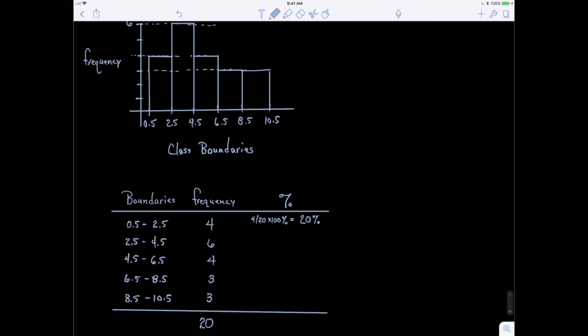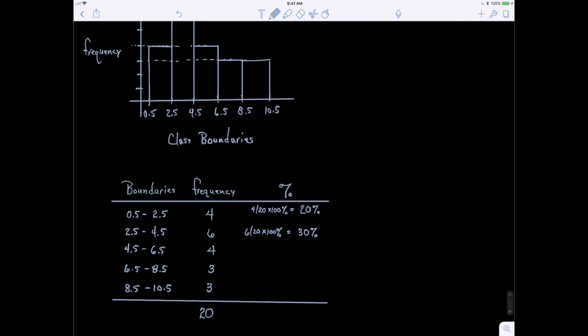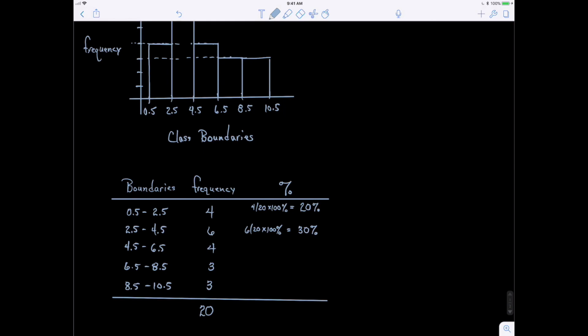For a frequency of 6, you'll take 6, divide it by 20, and multiply by 100%. So we can say those 6 dots found in our second bin, or second bar of the histogram, account for 30% of our dots. And we already did 4, we know that's 20%.